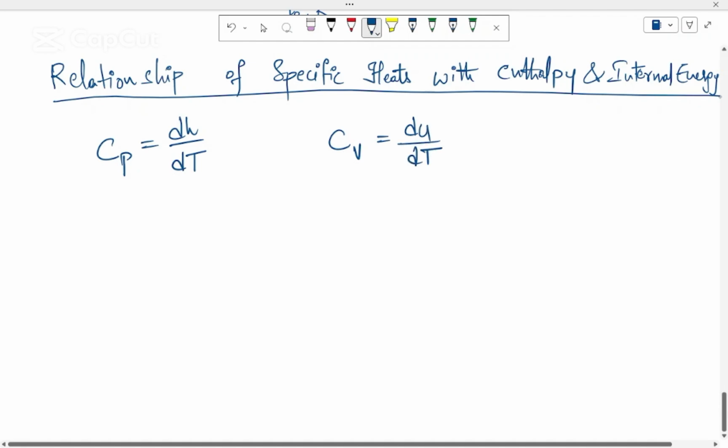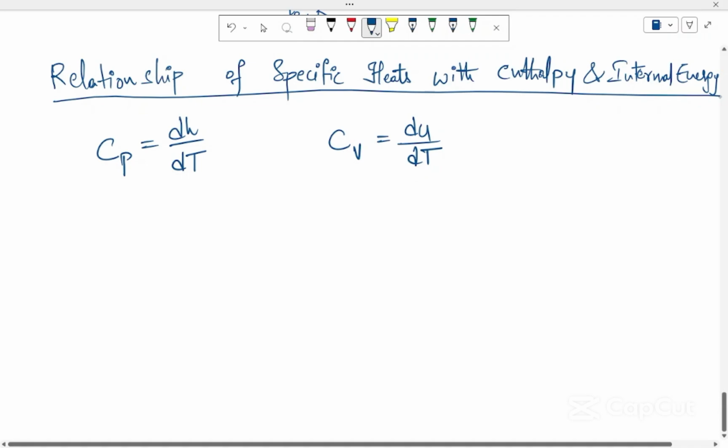So that is specific heat at constant volume related with the internal energy, that is U. So H is your enthalpy and U is your internal energy, with respect to temperature, you relate them here.